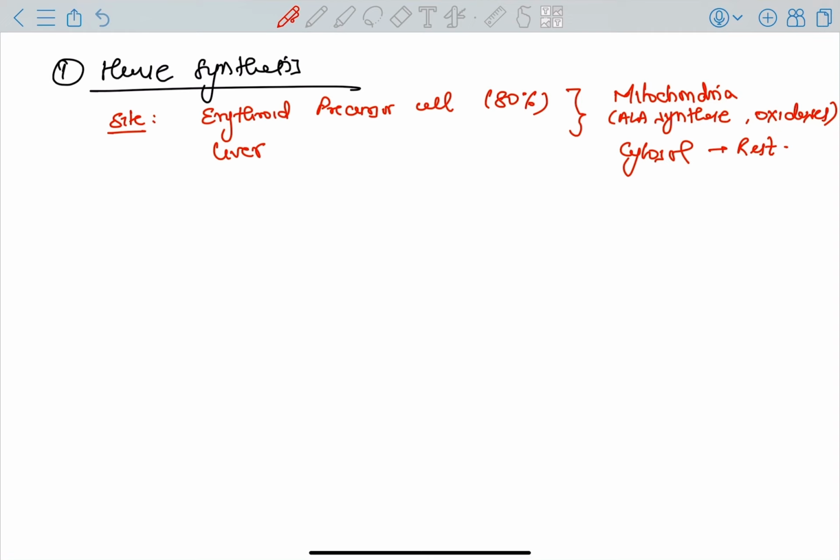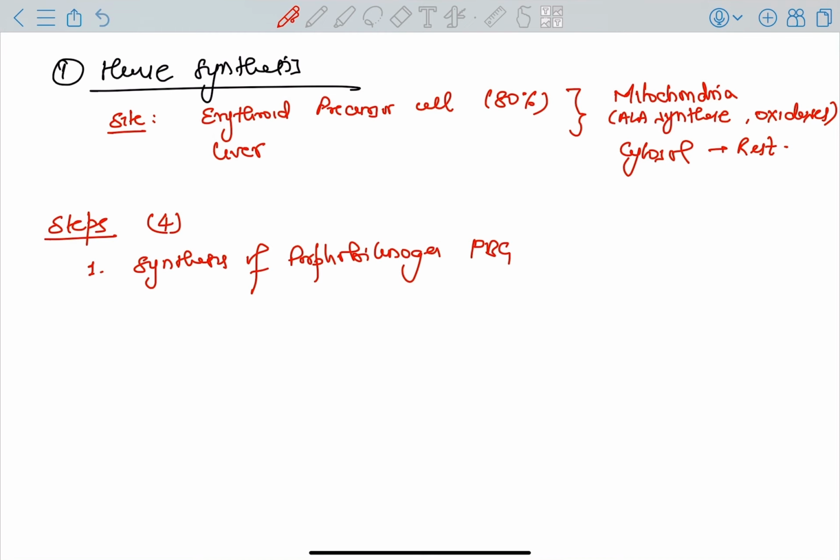So what are the steps in heme synthesis? There are basically 4 steps. First is the synthesis of porphobilinogen, which we'll remember as PBG.